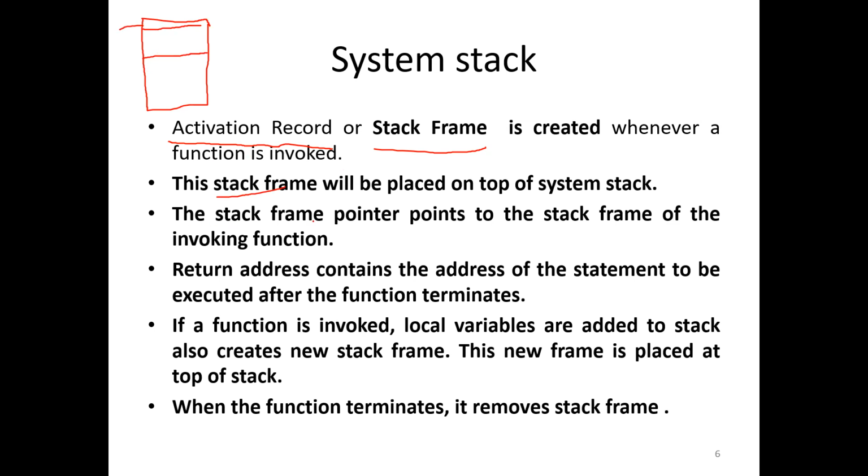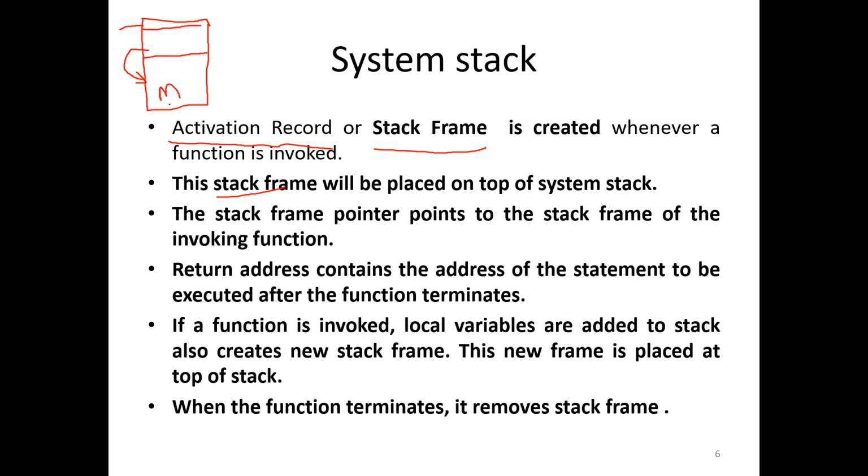The stack frame pointer points to the stack frame of the invoking function. Whenever a frame is created, a pointer is used. We'll see that in the next slide. Suppose the operating system calls the main program, a stack frame is created.